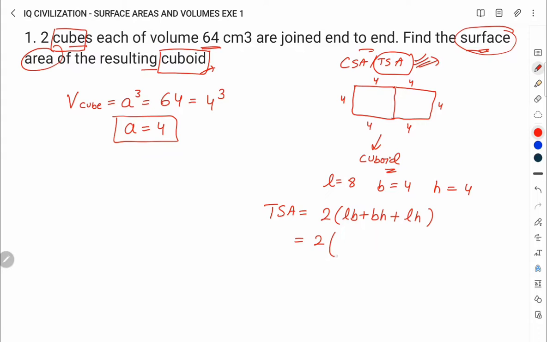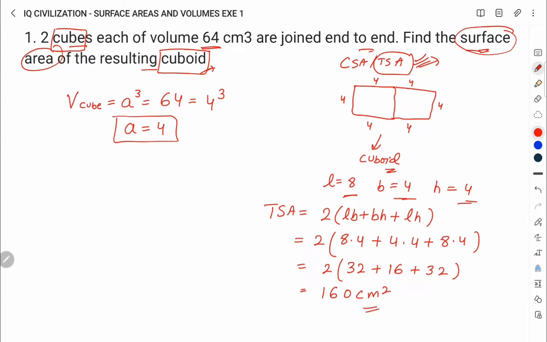That is 2 into 8 into 4 plus 4 into 4 plus 8 into 4. So 8 fours are 32, 4 fours are 16, 8 fours again 32. If we add all this, that is 80, and multiply with 2, that is 160 cm square. This is your answer.